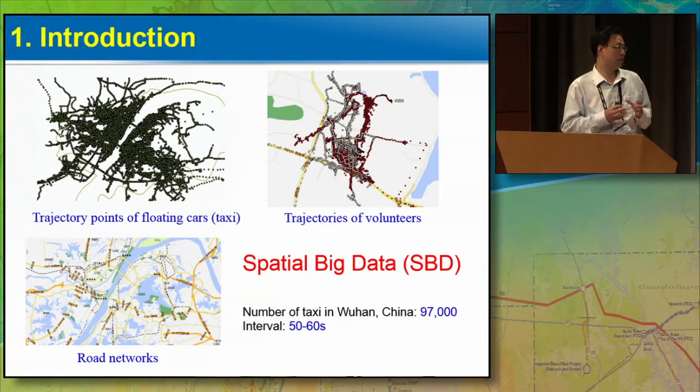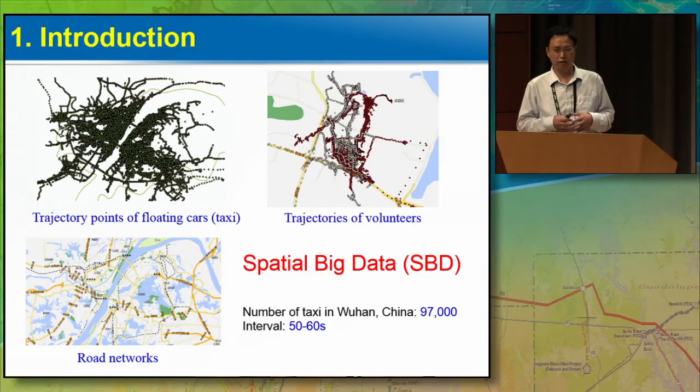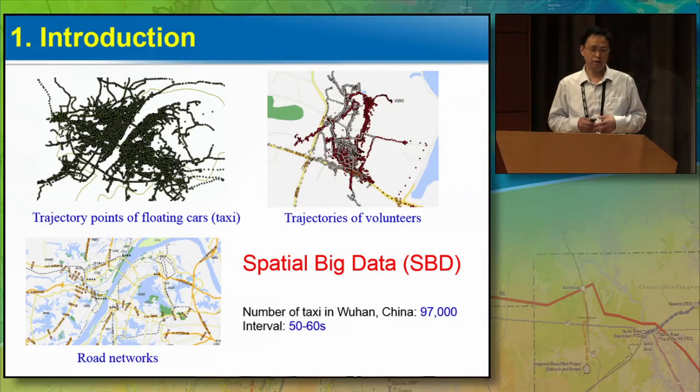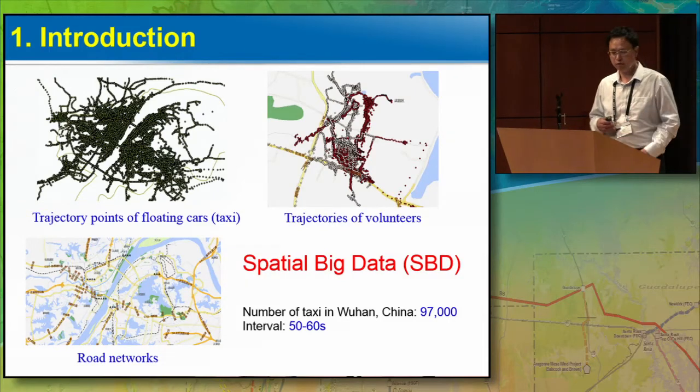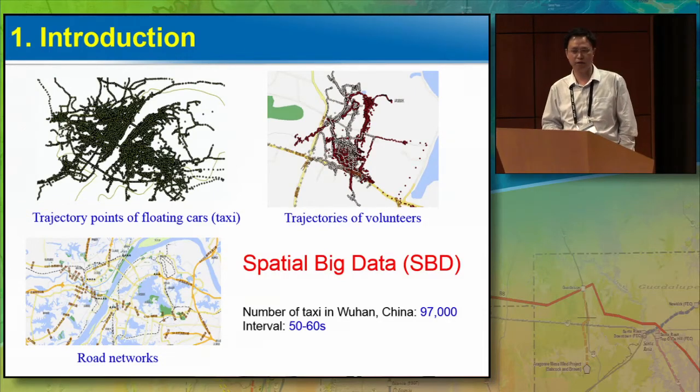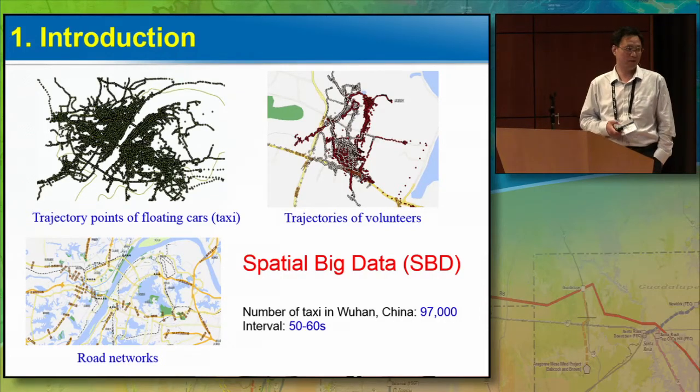All the data are very huge. Maybe it becomes spatial big data. So for this data, we should do some research. It needs some spatial big data technology and some CyberGIS technology.